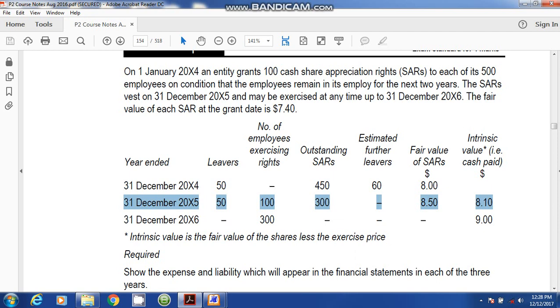In 20x5 we had 50 leavers, then we had 100 employees exercising their rights, and we had 300 SARs outstanding.